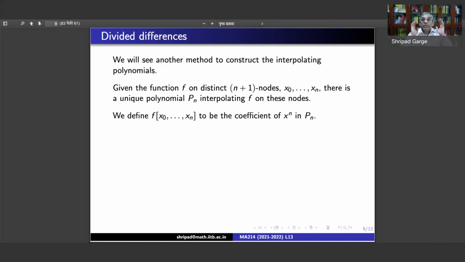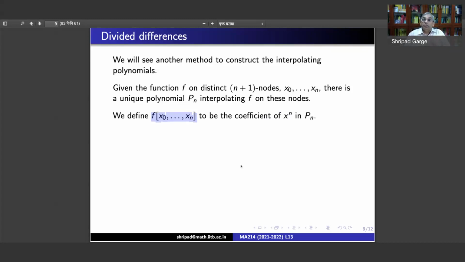Now, once you have a unique polynomial, it will have degree less than or equal to n. So you will have some coefficient for x power n; from x power n+1 onwards, the terms will not be there. But take x power n, its coefficient is defined to be this f[x0, ..., xn].